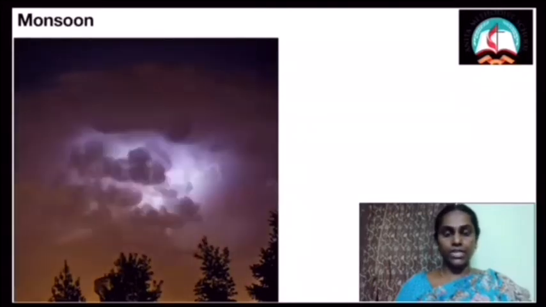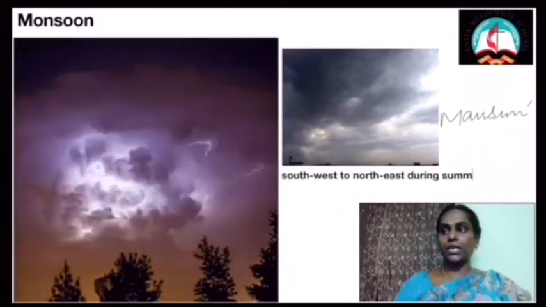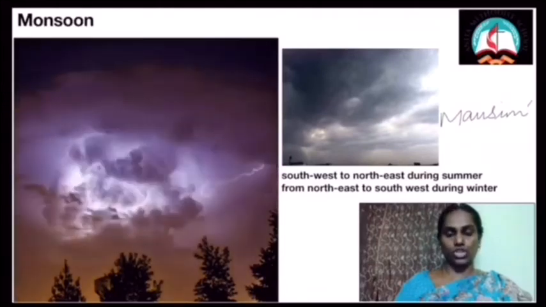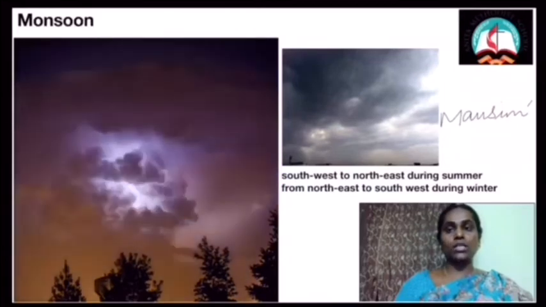Originally, the word monsoon was used by Arab navigators several centuries ago to describe a system of seasonal reversal of winds along the shores of the Indian Ocean, especially over the Arabian Sea. It blows from southwest to northeast during summer and from northeast to southwest during winter.